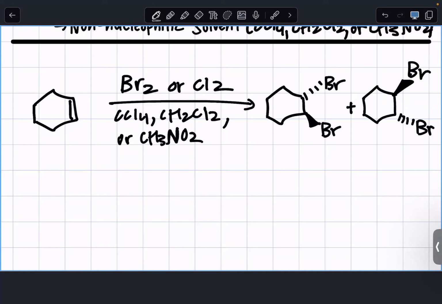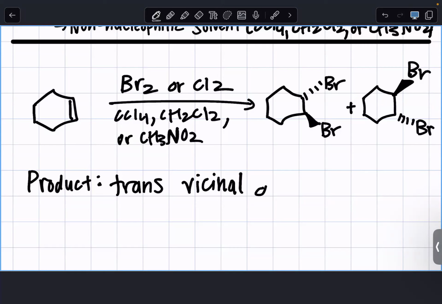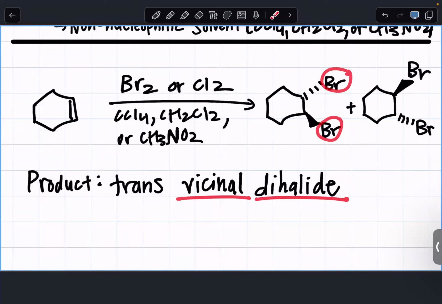For this reaction, the product is going to be a trans vicinal dihalide. Vicinal means that they are adjacent to each other. Dihalide because we have two halogens, and then they are trans to each other.